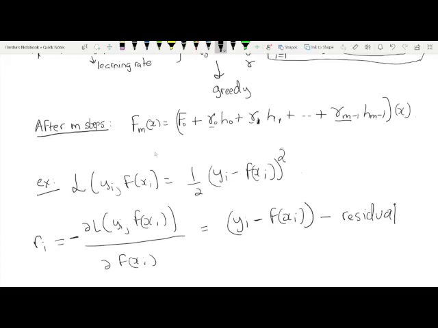And you would have come across this term if you've gone through the boosting algorithm. And it's actually pretty obvious why this quantity is called a residual, because in a sense it is the leftover value. It's the actual value minus the predicted value.